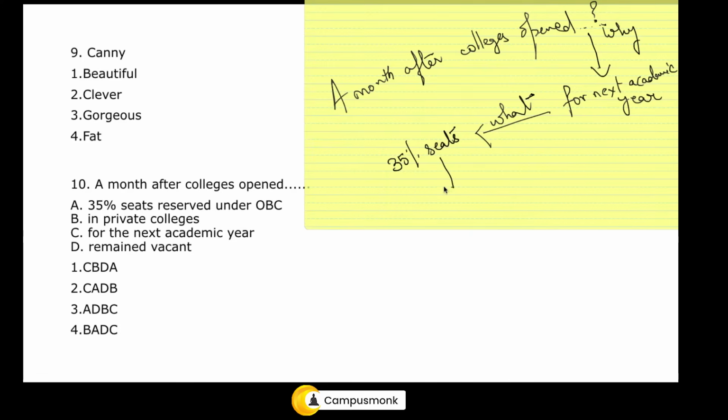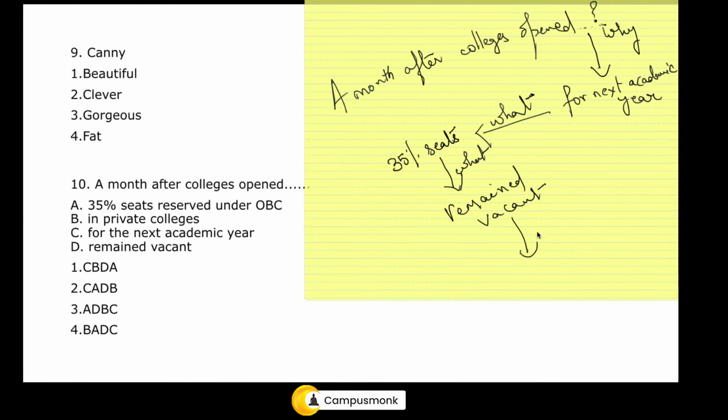Okay, now what happened to these seats? They remained vacant. Okay, they remained vacant. Where? In private colleges. Okay, so what will be your complete statement then?